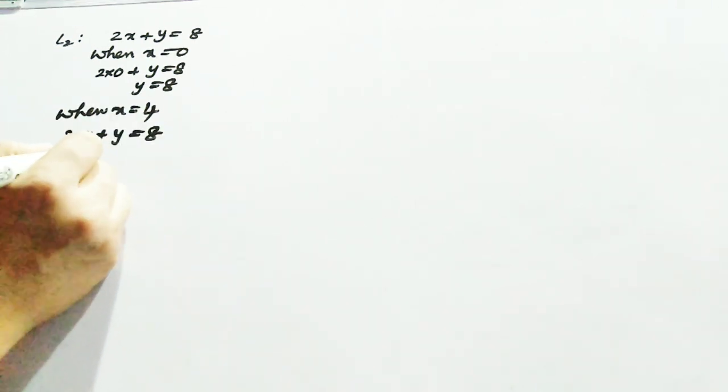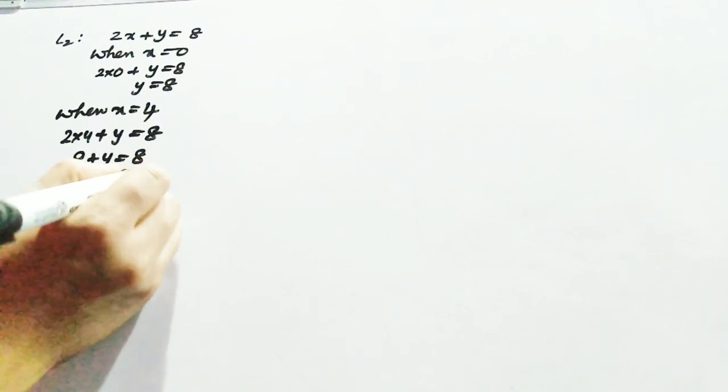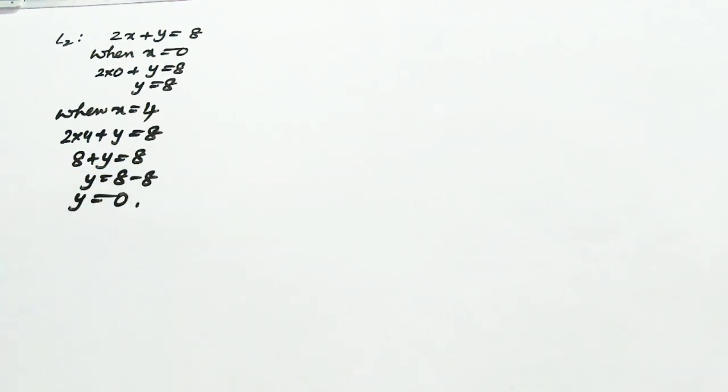Next, when x is equal to 4, just substitute: 2 into 4 plus y is equal to 8. 2 fours are 8, 8 plus y is equal to 8, y equal to 8 minus 8, y equal to 0.